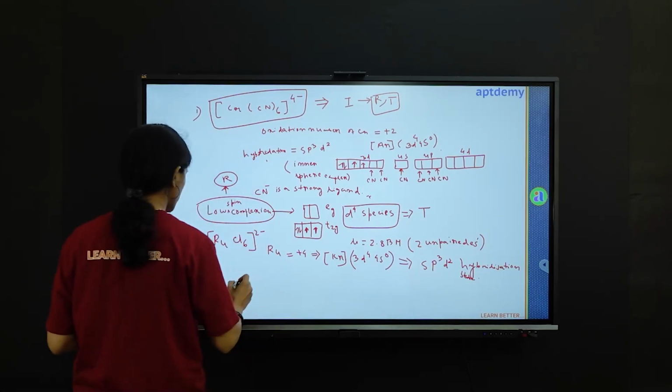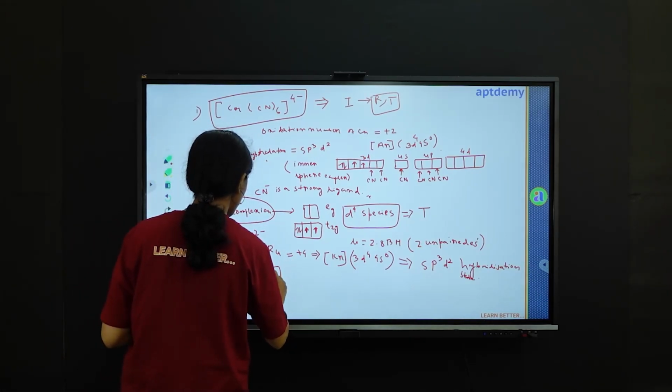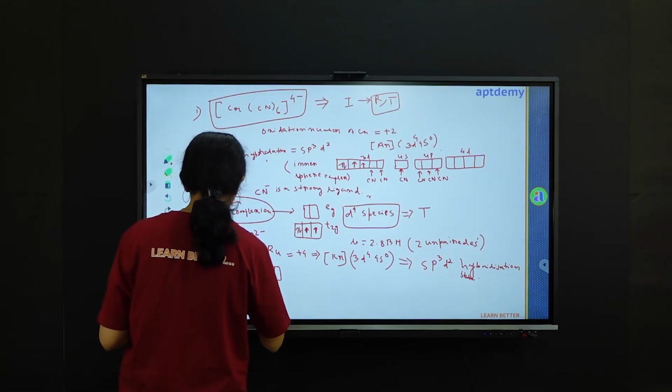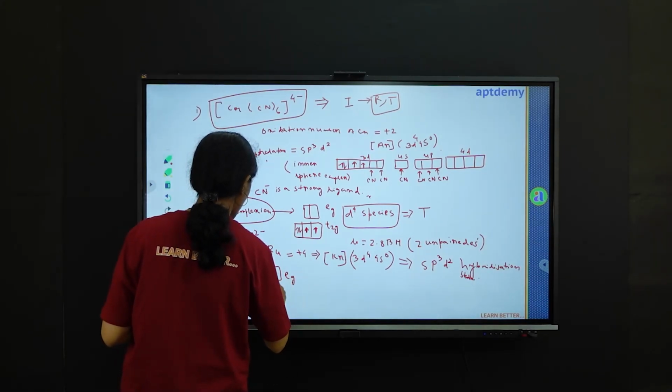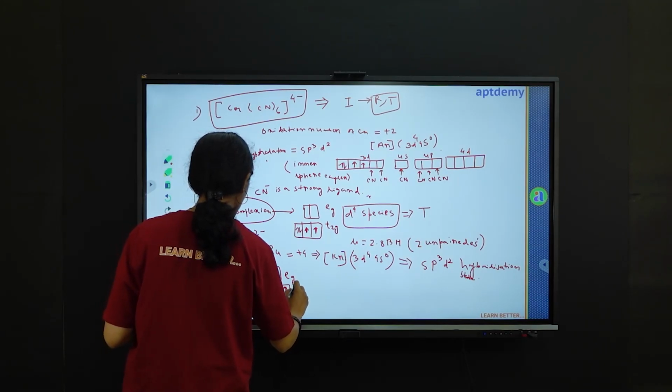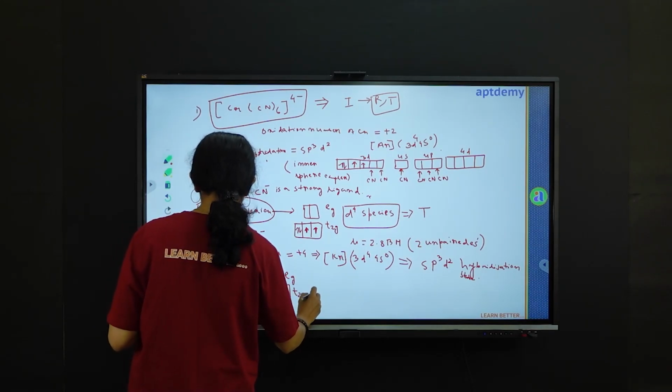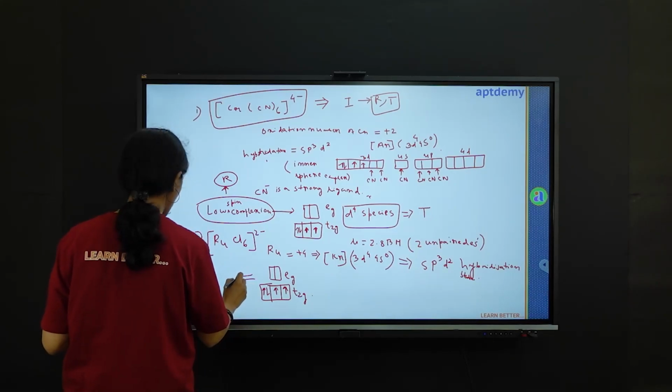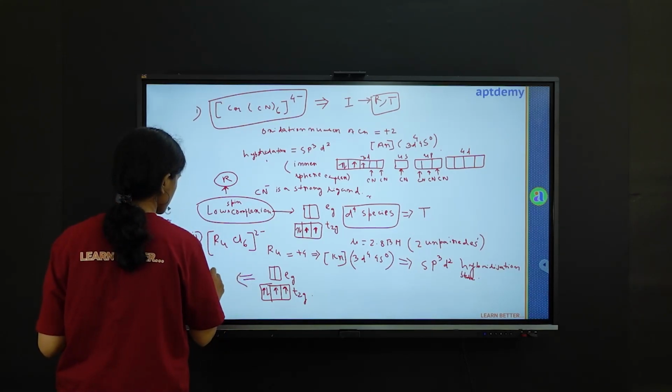Now, if you fill the Eg and T2g orbitals, this is for Eg and this is for T2g. So it will have 4 electrons in the T2g orbitals. So it will form low spin complexes.